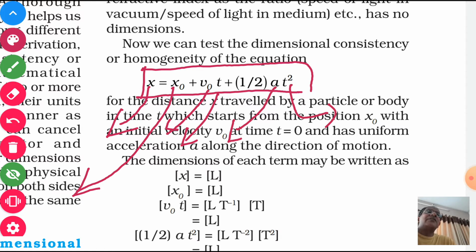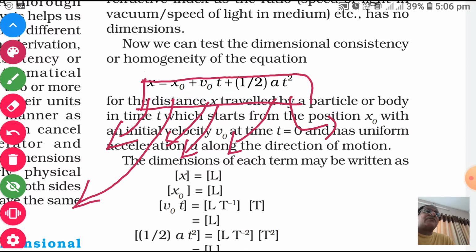So the different quantities appearing in the equation will be introduced to you. You have to remember and write the dimensional formula of those quantities. You must know the dimensional formula of all these quantities.